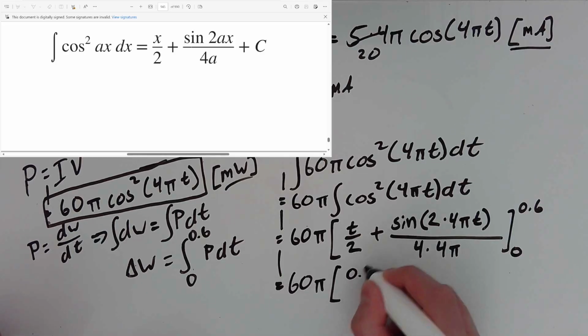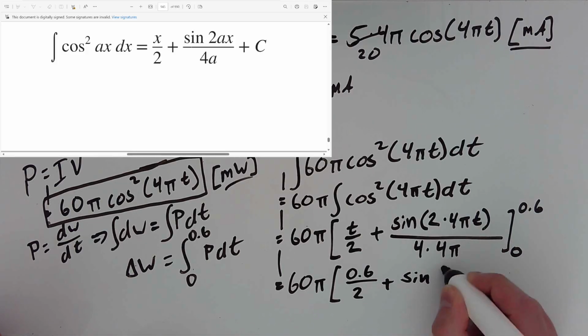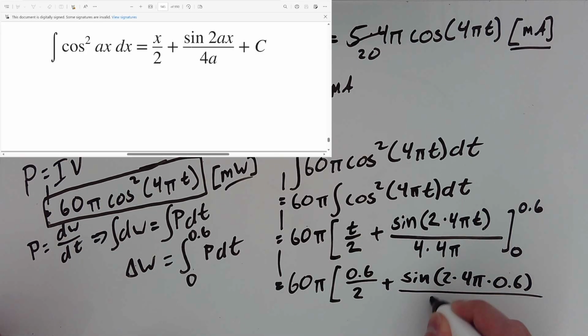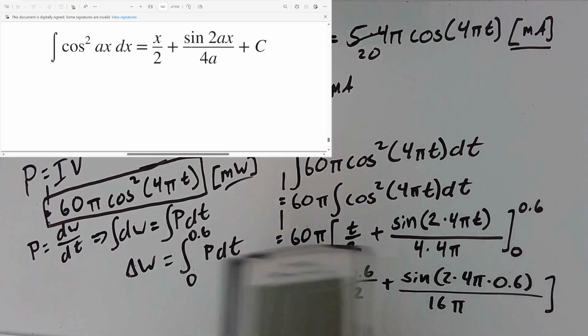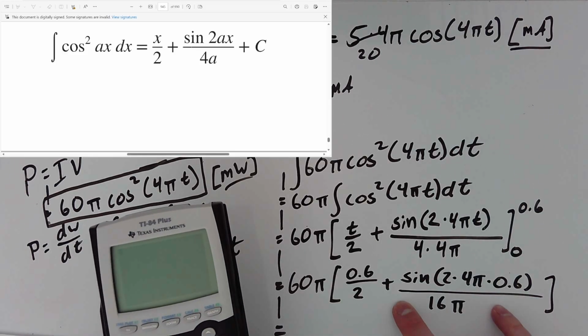So that's going to be 0.6 by 2 plus sine of 2 times 4 pi times 0.6 divided by 16 pi. And then you would subtract the 0, but this term would become 0. Sine of 0 is 0, so we don't need to even mess with it. So what do we get? Calculator time. We'll just do this term first.